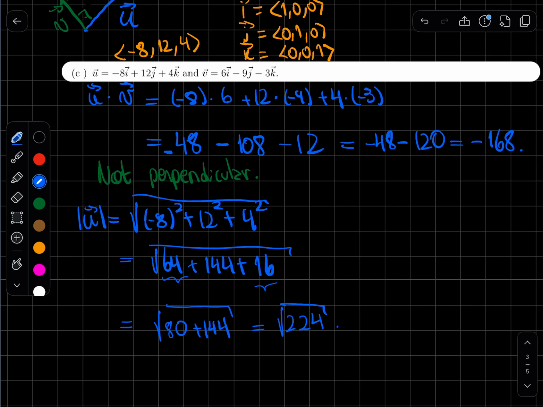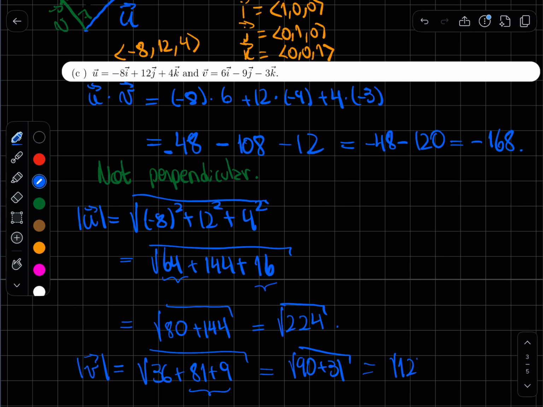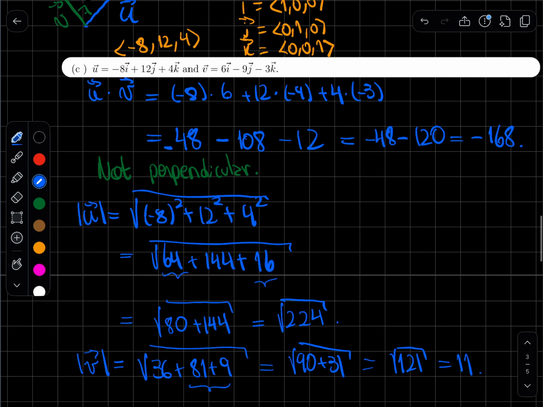Yep. And then magnitude v would be the square root of 36 plus 81 plus 9. So combine these maybe to get a 90. And then that will be root 90 plus 31. So that will be 121. Nice, this is 11. Cool.